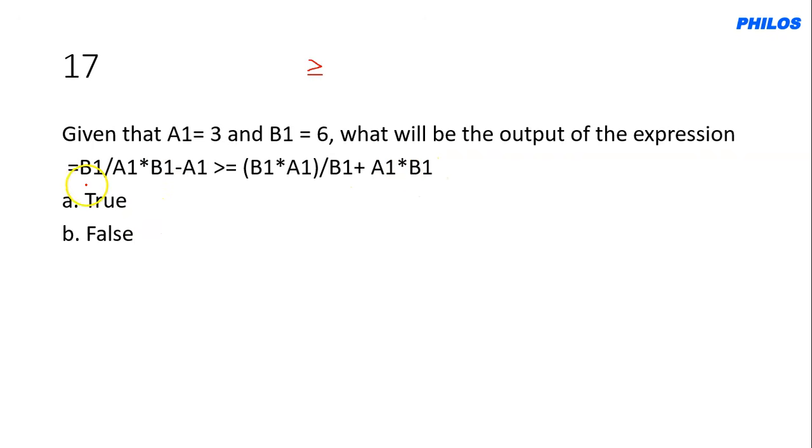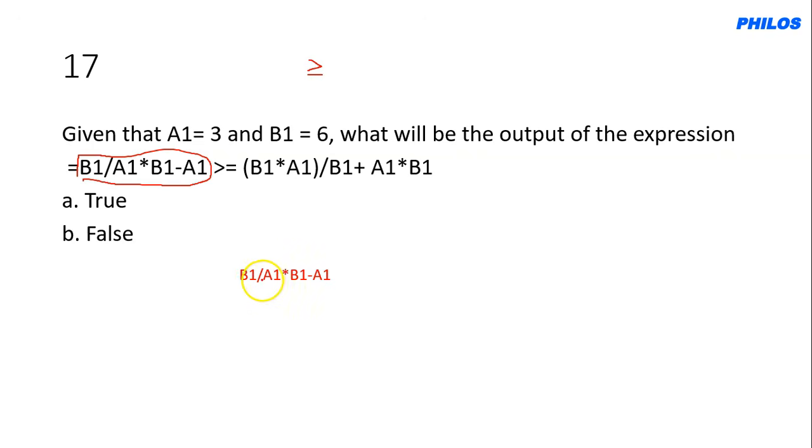So to solve this, you can decide to take just this part only. Take this part only. Now when we take just this part, which is B1 divided by A1 times B1 minus A1, when you look at this, we have division, multiplication, and subtraction. And according to the order of operation, we need to operate division and multiplication first before we operate minus and addition, isn't it?